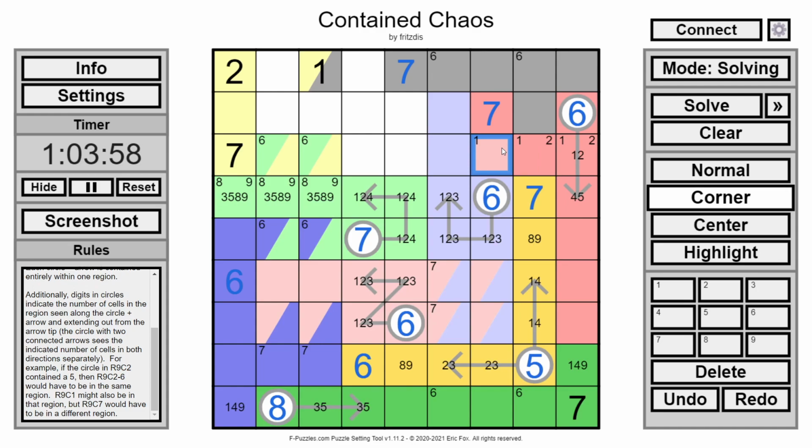I might have just made up the fact that this couldn't be a 1 in this case. I don't see why this being a 1 would break anything. I thought I was onto something, because that would have forced this to be a 1-2 pair if this couldn't be a 1 in either case.